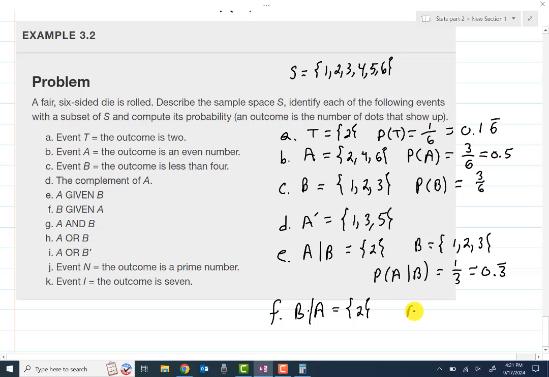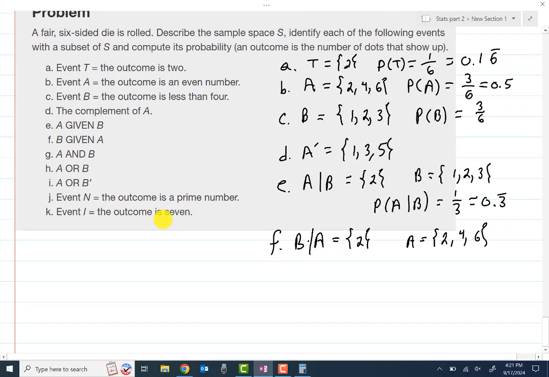But then A has 2, 4, 6. And B has exactly 1 out of 3 of those things. So the probability of B given A equals 1 out of 3, or 0.3 with a bar over it. You should do this example also with the formula to make sure that you're getting the same answers.